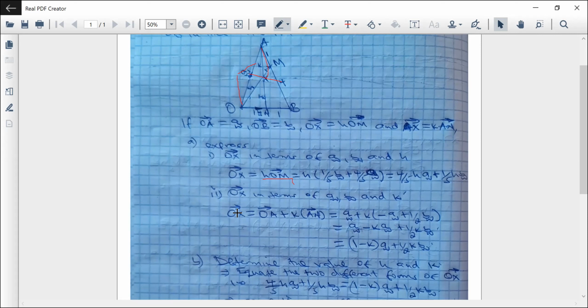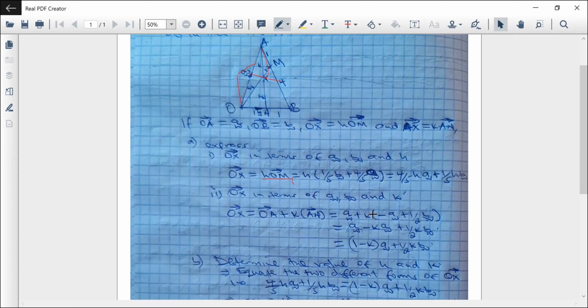So vector OX is equivalent to vector OA plus vector AX. Remember, vector AX is simply K multiplied by vector AN, so it is vector A plus K.